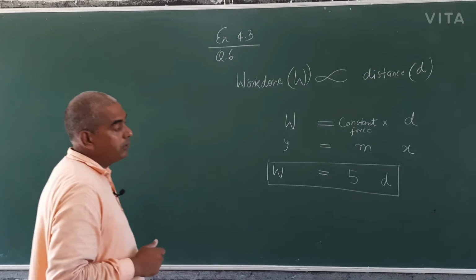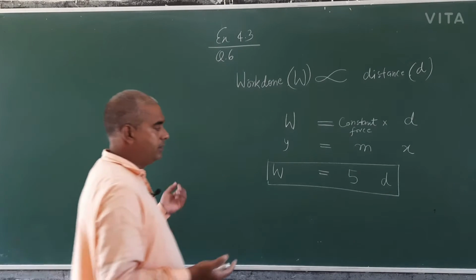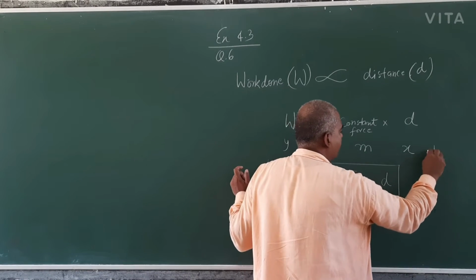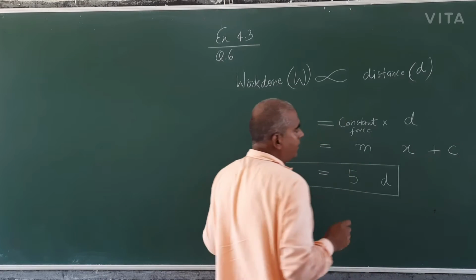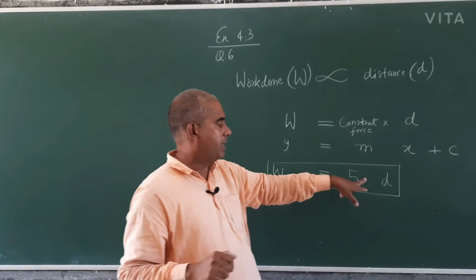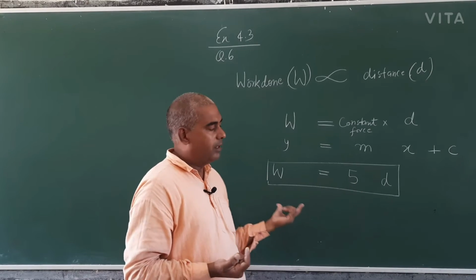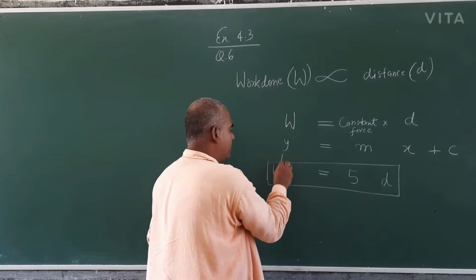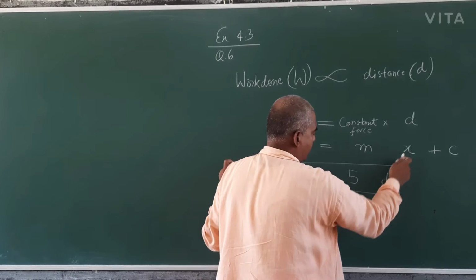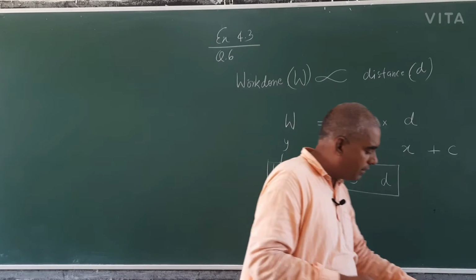So I have told you the direction of the line. This is y equals mx plus c. C is not here, so this line will pass through the origin. So for that you have to make the graph. In place of y you will use W, in place of x you will use D. It is given in your book.